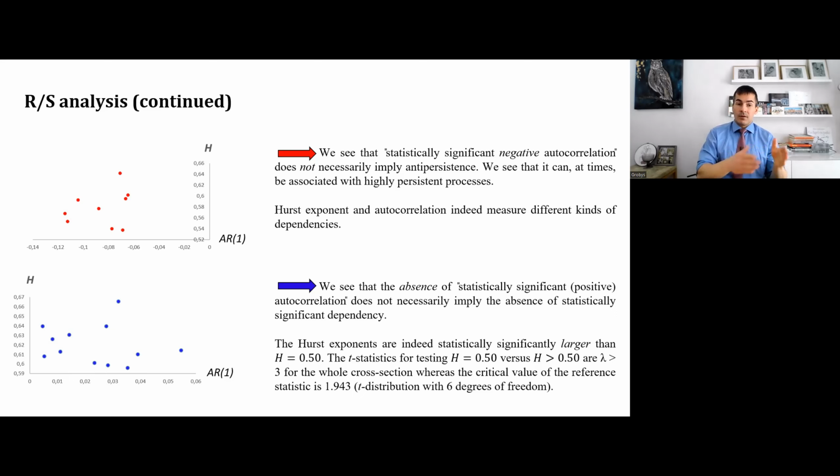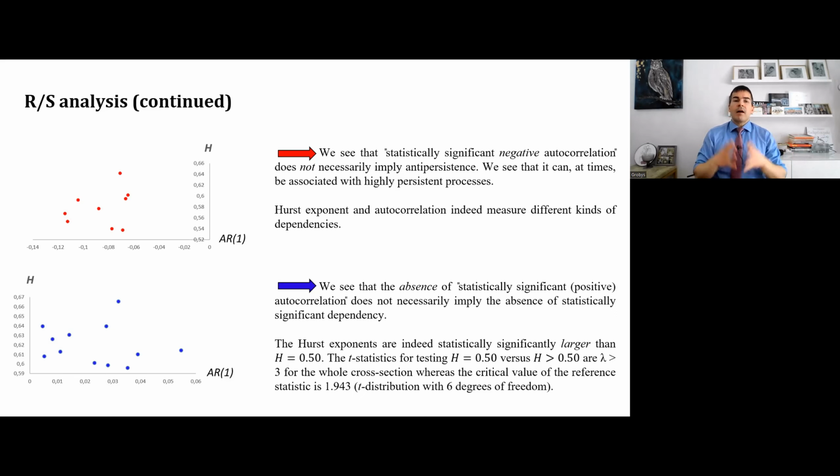The test statistics for the estimated Hurst exponents are larger than 3 for the whole cross-section. The reference critical value of a t-distribution with 6 degrees of freedom is 1.94. So 3 obviously exceeds 1.94 by a substantial margin. So the positive dependency structure here, the persistency in the data, is statistically significant, whereas autocorrelation is absent.